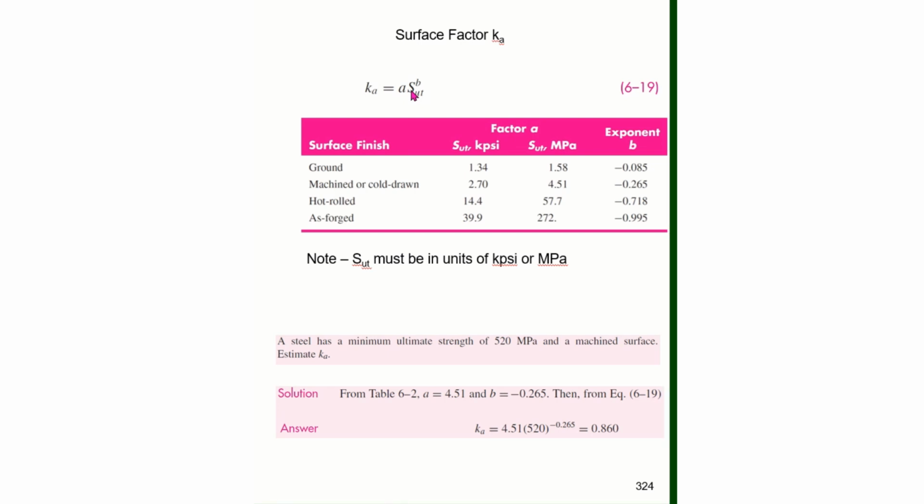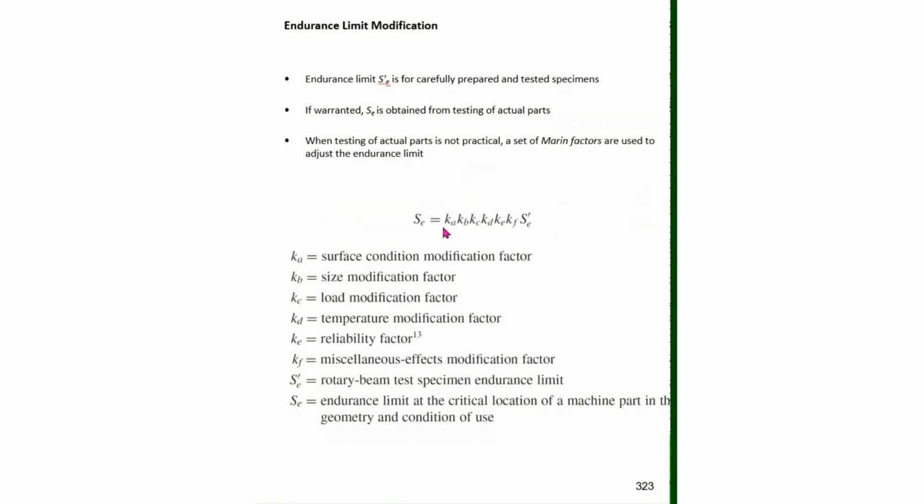One important thing to note about all the Marin factors back here on this page is that all of these values should be less than 1. We will see that for some temperature effects, the ideal temperature is actually a little bit warmer than room temperature, and we get a Marin factor that can be slightly greater than 1 for Kd.